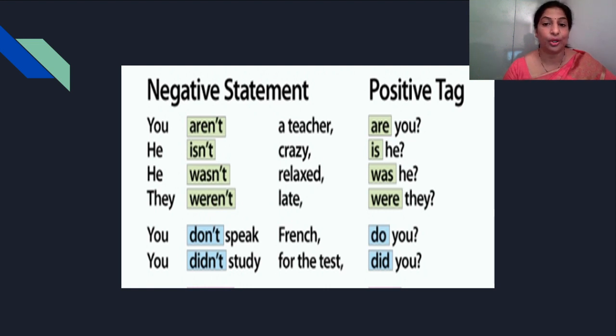You can also see the interchange of positions. Aren't, isn't, wasn't, weren't, don't, didn't, all these are negative words. So all these sentences are negative statements, and we have used a positive tag.